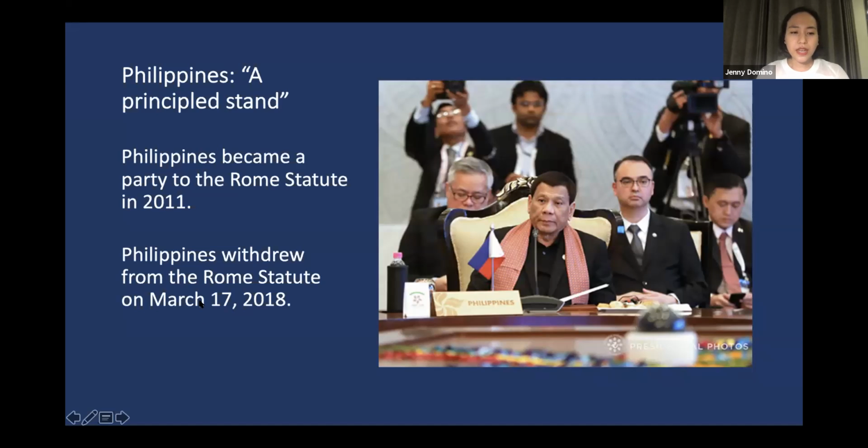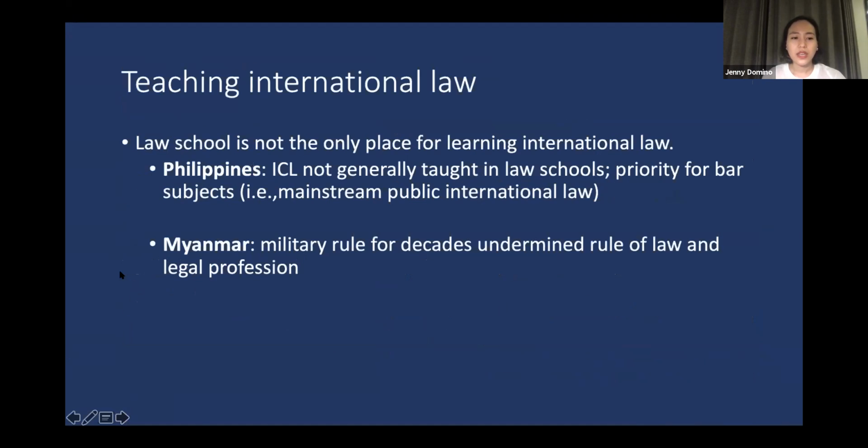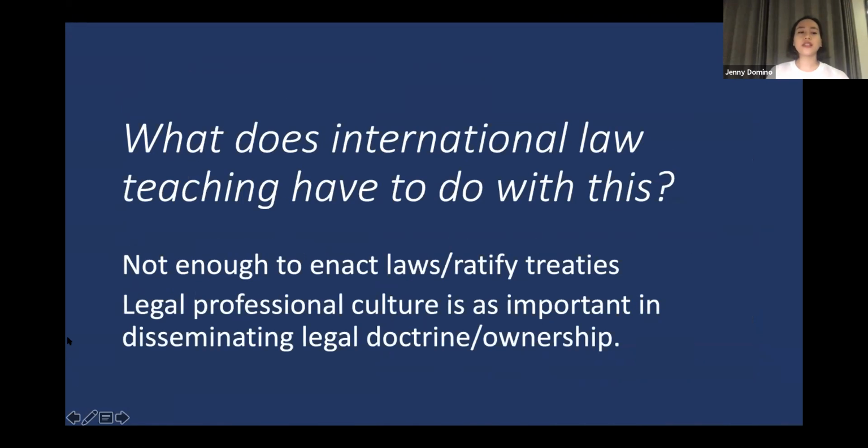Now, at this point, you may be wondering, what does all this have to do with international law teaching? I think, just based on my work in these two countries, with respect to these very sensitive issues, I realized, based on my practice, that it's not enough to enact laws and ratify treaties, which is something quantifiable that NGOs tend to focus on or fixate on.